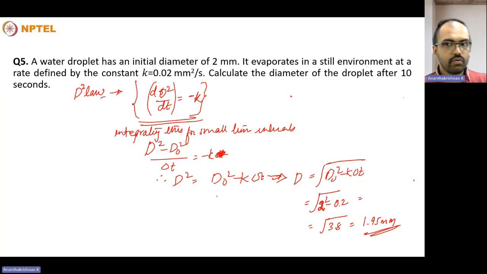Diffusion rate is being controlled. It's a constant pressure process with constant gas transport properties, and quasi steadiness in this process. So all these assumptions are taken into account, making it slightly inaccurate, but it will give an initial approximation of the diameter if you know the value of K, the constant that decides the evaporation. That will be a variable based on the ambient condition as well as the process in which the evaporation takes place.